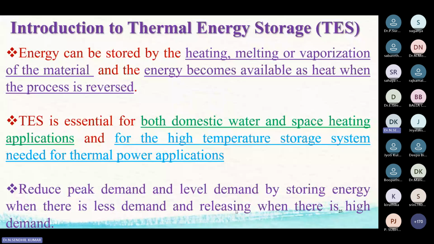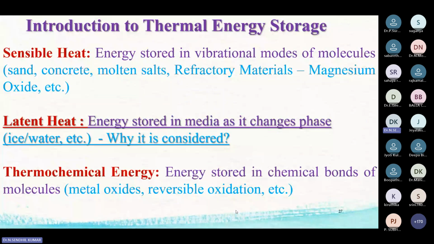Thermal energy storage means sensible heat and latent heat. Sensible heat means it will not undergo any phase change, like sand, concrete, all those things. It will undergo, but we are not interested in that. We are interested only in latent heat storage. During the phase change, how much heat can be stored?